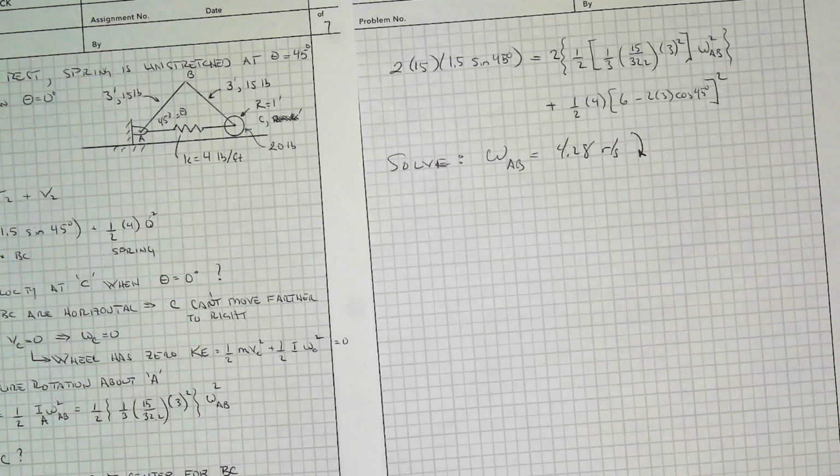And T2 for BC, well, we know that it's an instant center. BC is in pure rotation about C. And so the velocity at B is the same for both links. Therefore, omega BC equals omega AB. So T2AB equals T2BC. So when we go to put this in the equation, we'll just multiply that term by 2.